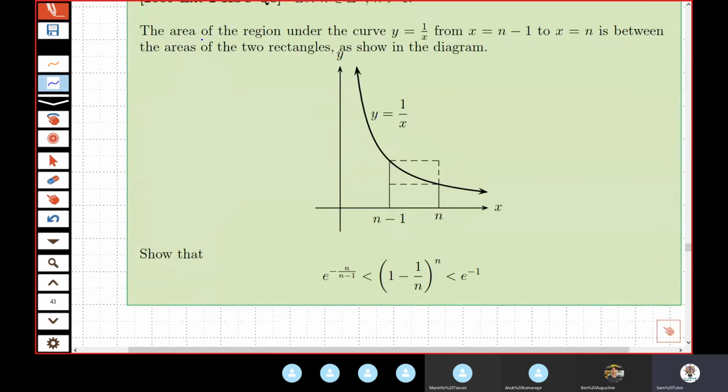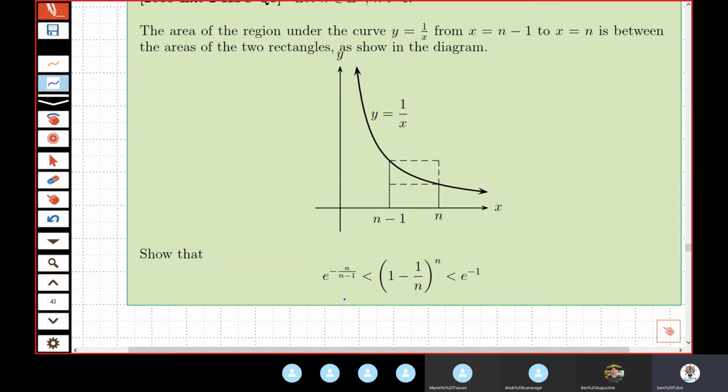So, the area of the region under the curve y equals 1 on x, from x equals n minus 1 to x equals n, is between the areas of two rectangles, right? The exact area of this curve from here to here is between the areas of two rectangles. Show this. So again, you either know what you're doing, so you can do it, or you don't.